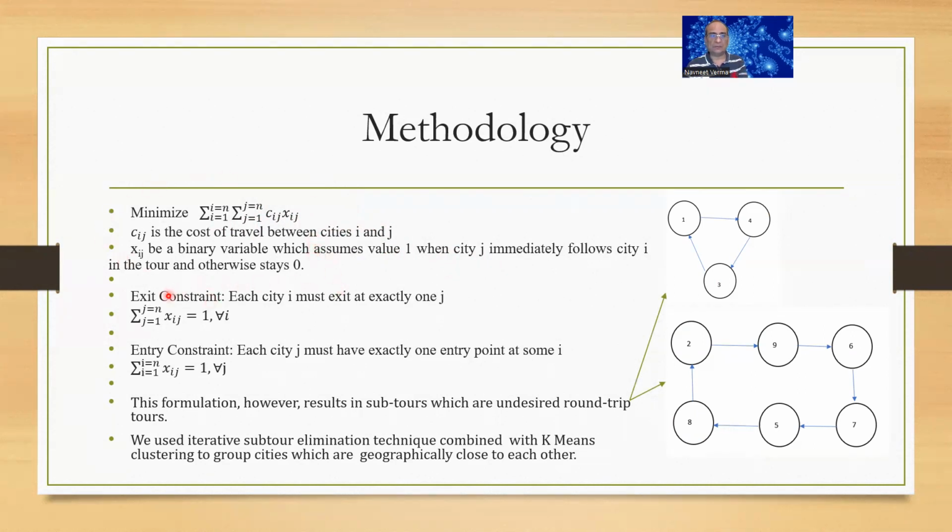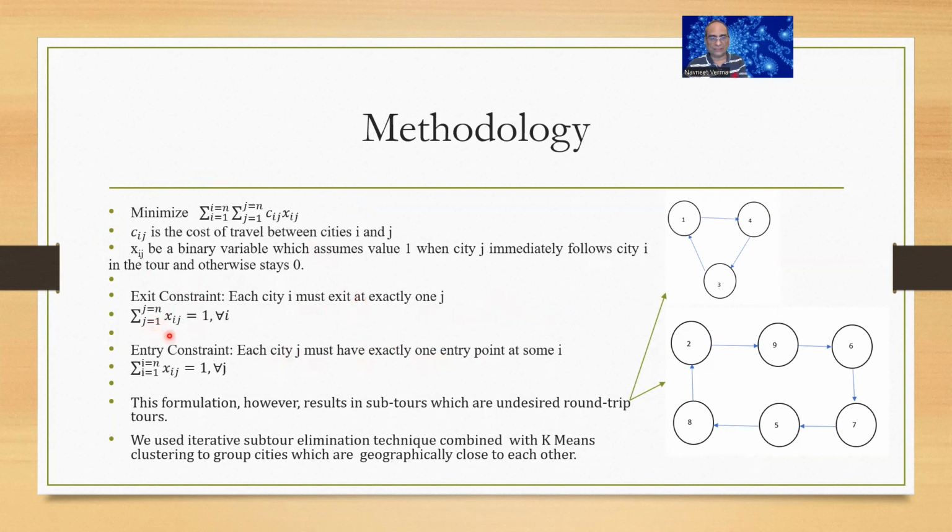And then there are a bunch of constraints that we put in. The constraints are, again, declarative style constraints, which state that each city must be exited once and entered only once. So these are exit and entry constraints, as you can see.